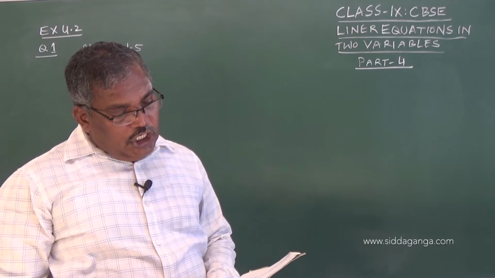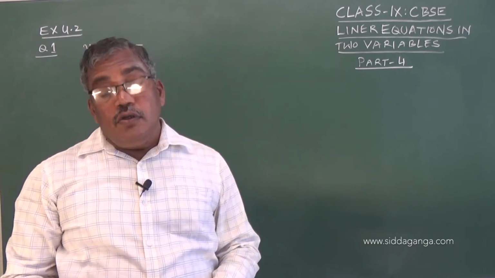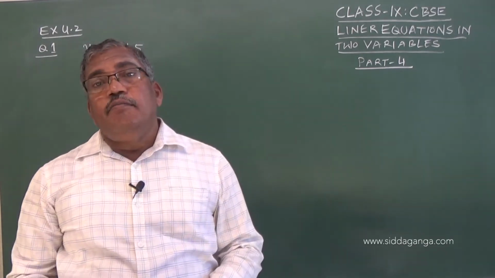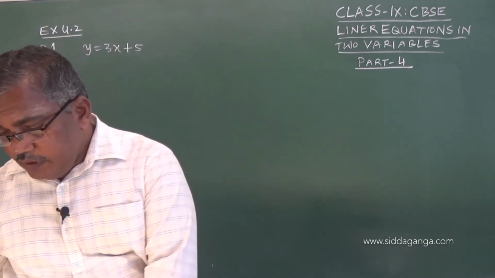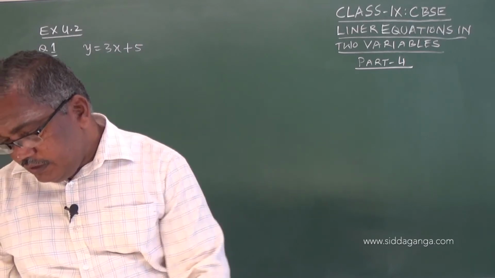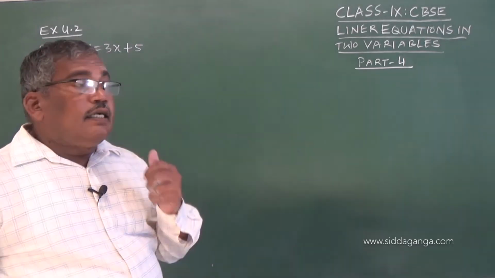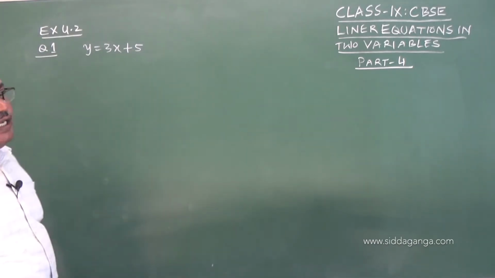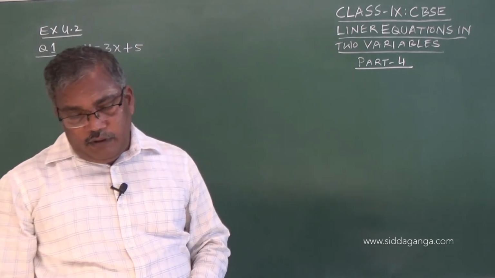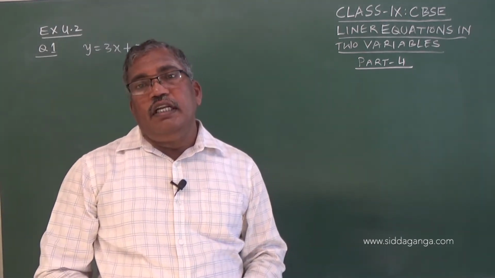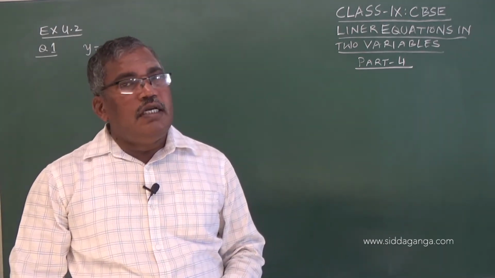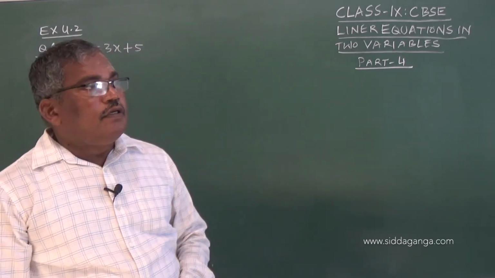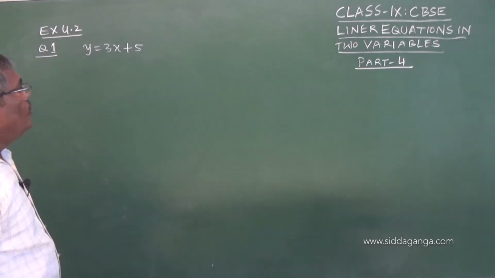It has a unique solution, only two solutions, or infinitely many solutions. So out of this, which one is the correct answer? This is the question. Here, as you know, it is a linear equation in two variables. So as we have discussed at length, this will have an infinite number of solutions. Anyway, we have to prove that.